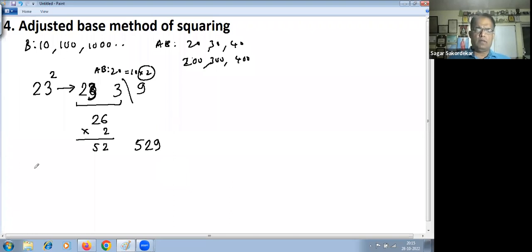Any doubt? Try 32 square with this method. Yeah, it's correct.